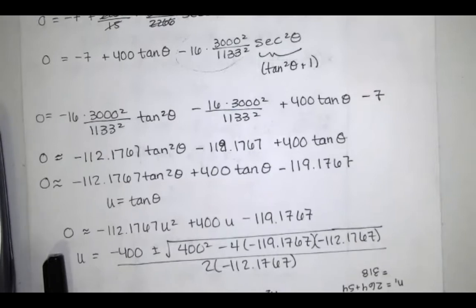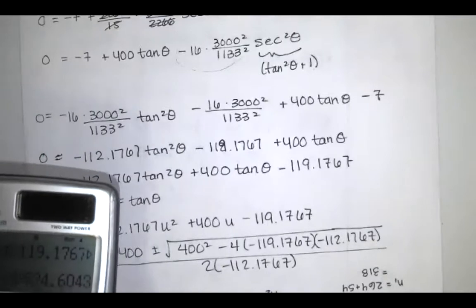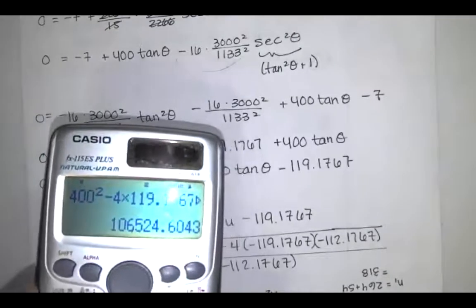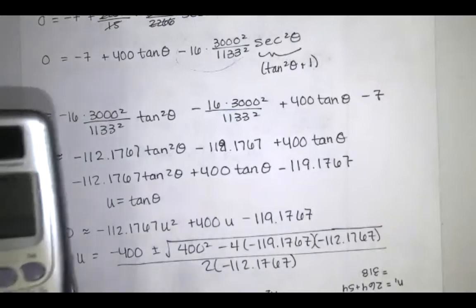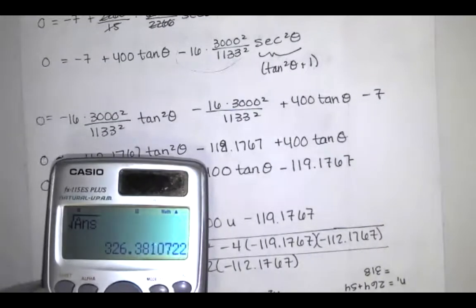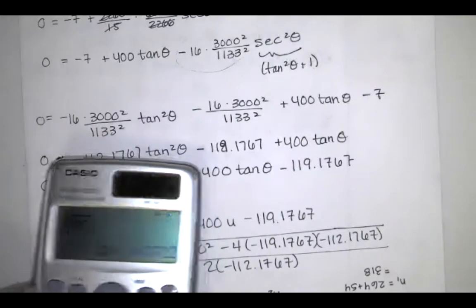So I have 400 squared minus 4 times 119.1767 times 112.1767. Now, if you're saying, well, a negative times a negative times a negative is going to be a negative, so I've got that negative in front of that 4. And so that's what's under my radical. And I want to take the square root of that number. And so I've got 326.3811.